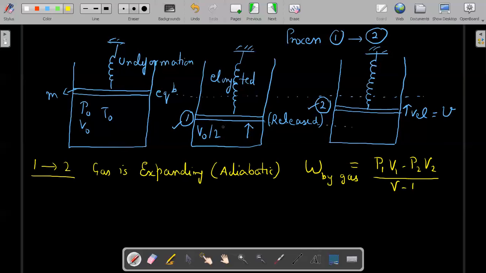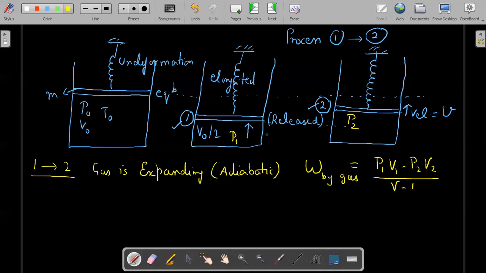So P1 was this pressure. So we have to find out this pressure P1 now. This was the pressure P1. And then P2 is the pressure at this moment. P1 is the pressure at the initial moment, and P2 is now at the final moment.